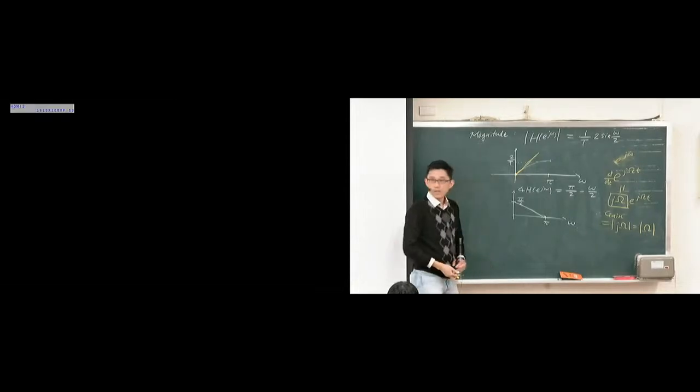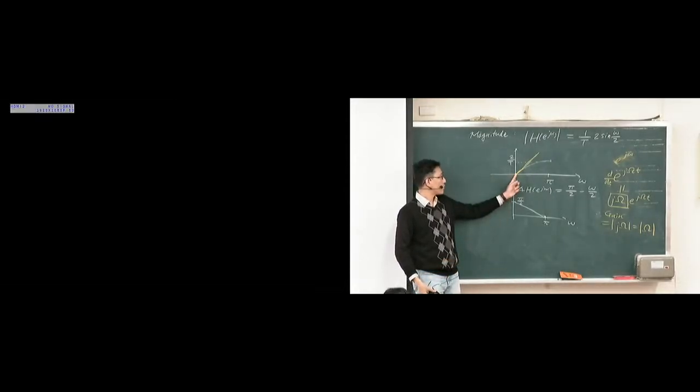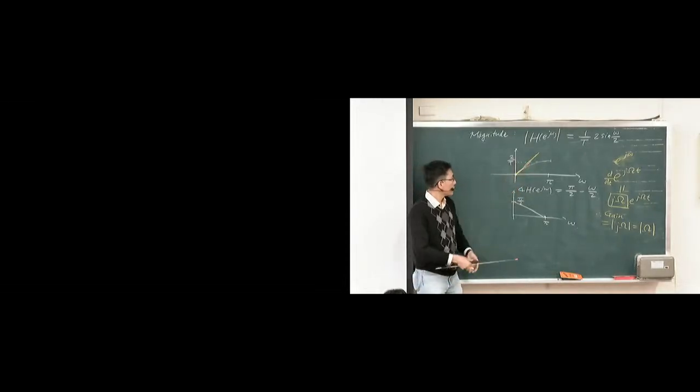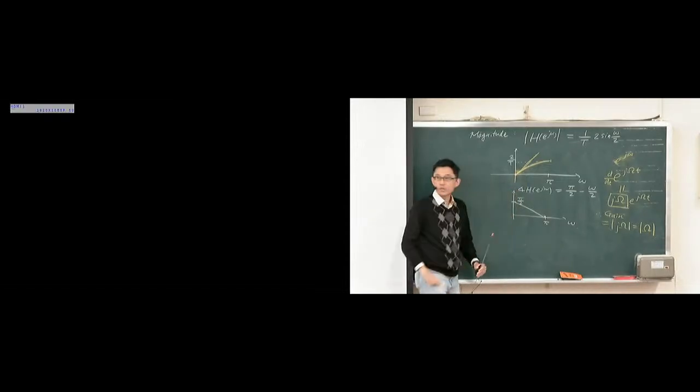So I said this is nice because now at low frequency, if we talk about this frequency range, then the gain function almost looks like a straight line. So we're talking about here, right?